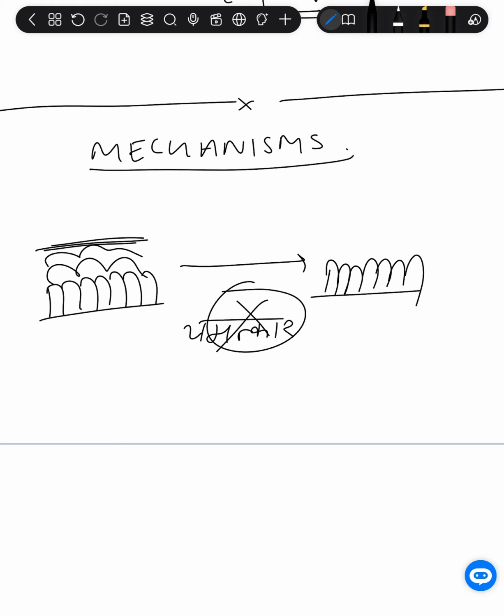By common sense, is it possible that all these layers will vanish and only the columnar is here? It is not possible.